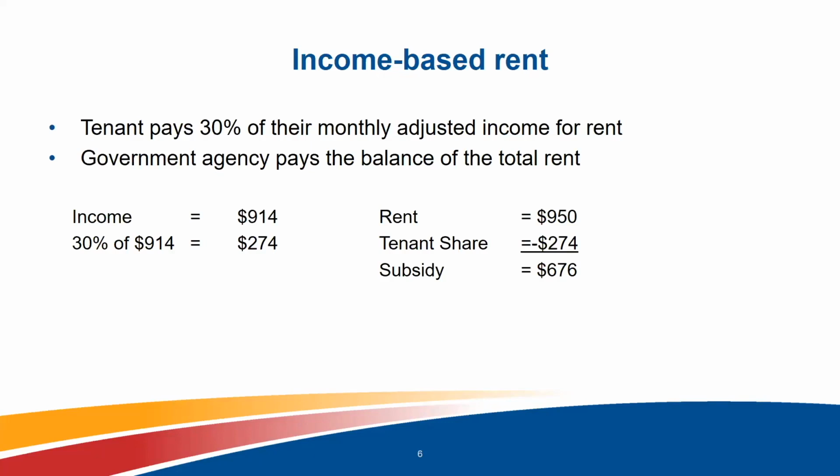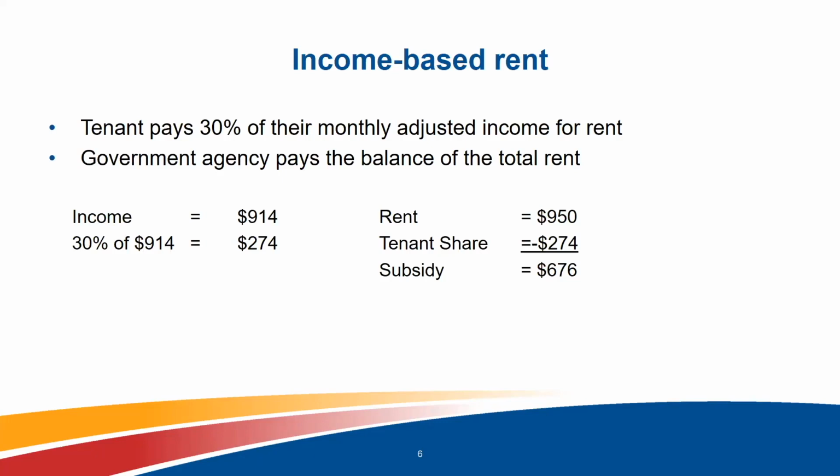The affordable housing programs that are the focus of this series are structured so the tenant generally pays 30 to 40% of their income for rent, and an agency pays the difference between that amount, which is also called the tenant share, and the total rent for the unit. The agency could be a state or local public housing agency, but could also be a state or local human service agency or a nonprofit provider under contract with a government agency.